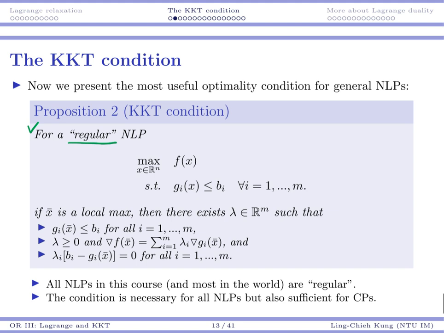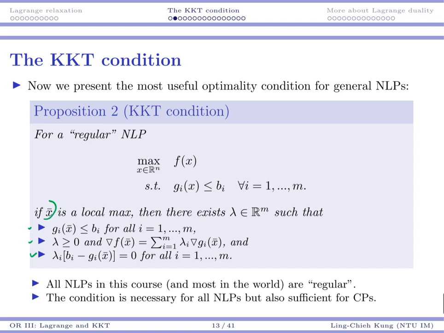For a regular nonlinear program, which has one objective function and several constraints, with n variables and m constraints, and let's say this is a maximization problem, then if our x bar is a local maximum, we know there exists a lambda vector, with m entries, one for each constraint, such that three things happen.